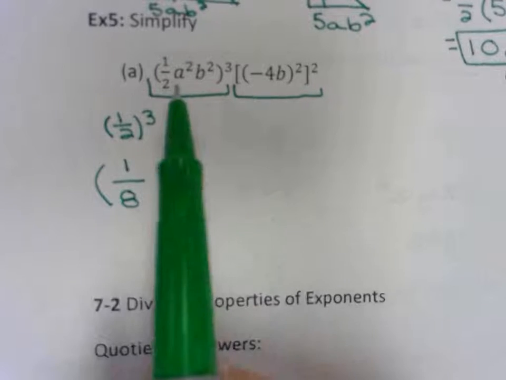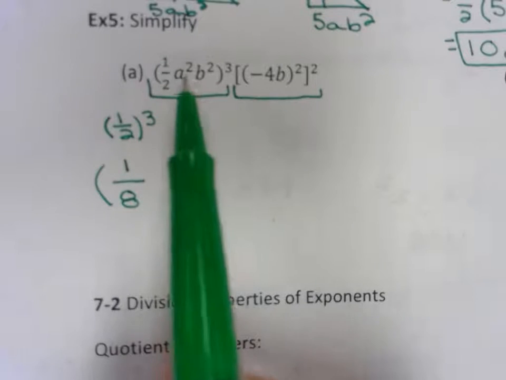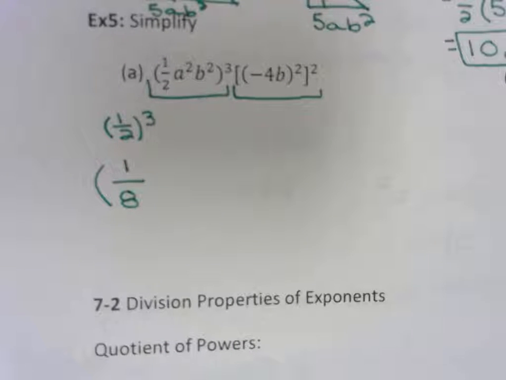Now let's look at my exponents. I have a squared b squared to the 3rd power. So how do I do a squared to the third power? What do I do with my exponents if it's an exponent to another exponent?